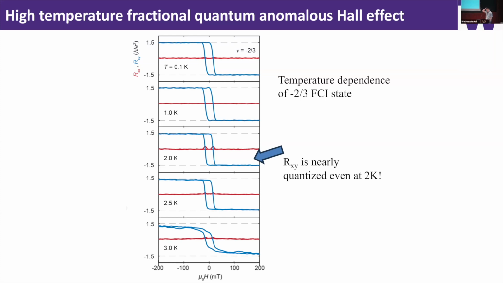So this really suggests that the system has a very large energy gap. This is the data from the -2/3 filling. I didn't show you the data, but for the quantum anomalous Hall state at the integer filling, it's nearly quantized up to 6 to 8 kelvin, so it's a very high energy scale.